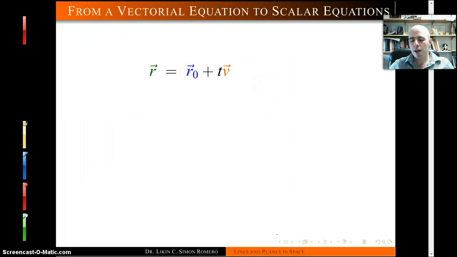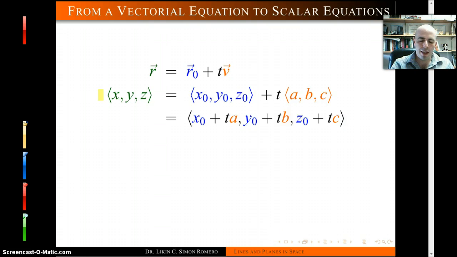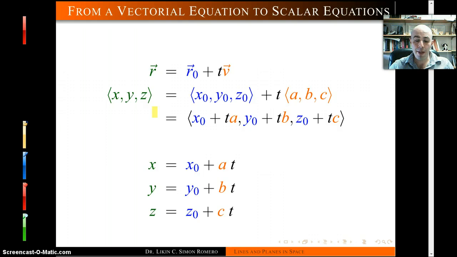So from the vector equation, we put in the components, which are closely related to the points, and then do the addition of the vectors. At the end, this vector is equal to this other vector. For 2 vectors to be equal, the components have to be equal, so the x components have to be equal, the y components have to be equal, and the z components have to be equal, and that gives us a set of parametric equations.